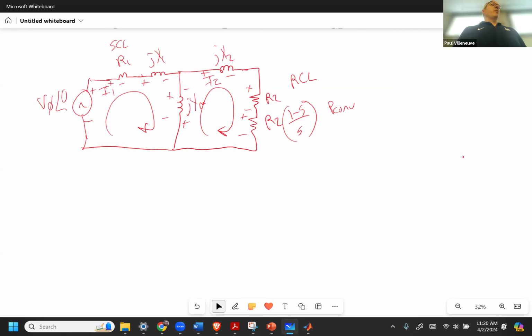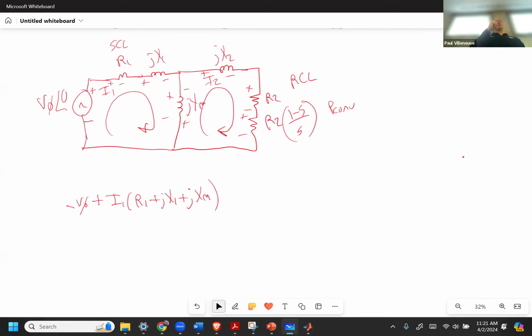So what I think most electrical engineering students or EET students like to do is say the sum of the voltage drops is going to be equal to 0. So a voltage drop that is actually a rise is a negative voltage drop, right? So we have negative V phase plus I1 times (R1 plus jX1 plus jXM).